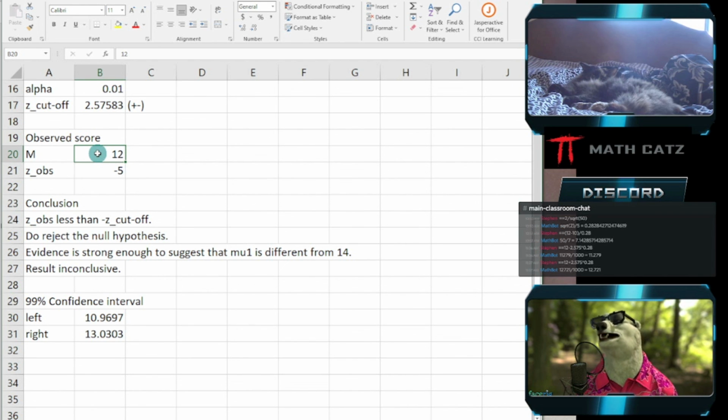I can associate a level of confidence with my guess of where the true population mean sits, and if I decide on 99, that gives me a window. If I decide on 95 or 90 or something else, of course, then the window will be different to match that slightly lower confidence.